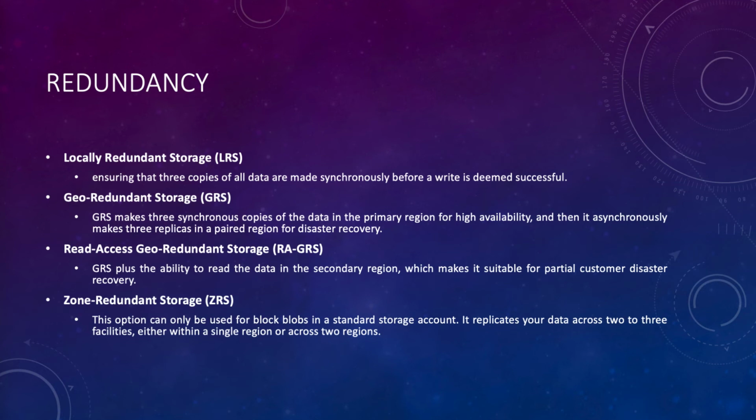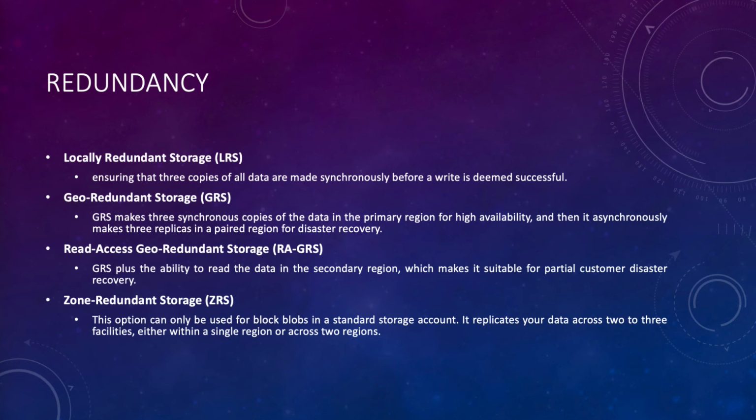Each Azure region has a defined pair region within the same geographical or geopolitical boundary for GRS. For example, West United States is paired with East United States. This has a small impact on the scalability targets for the storage account.